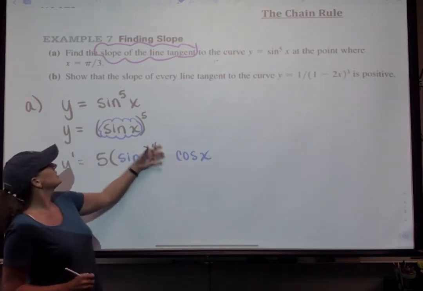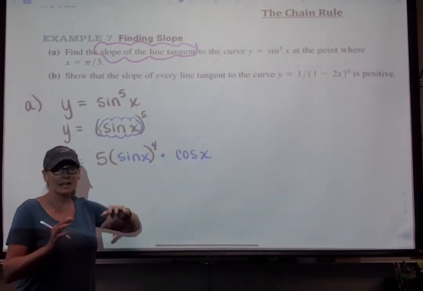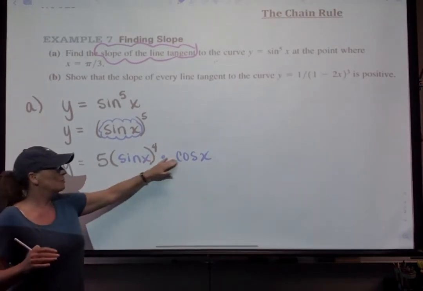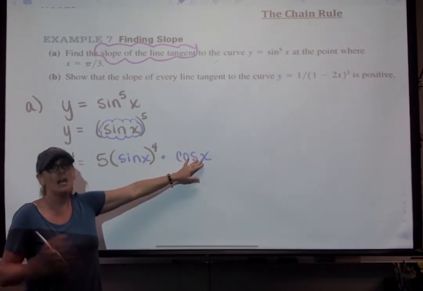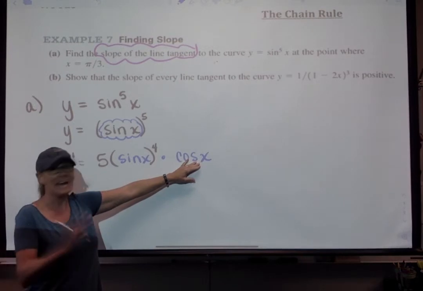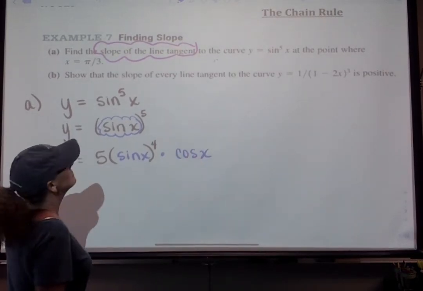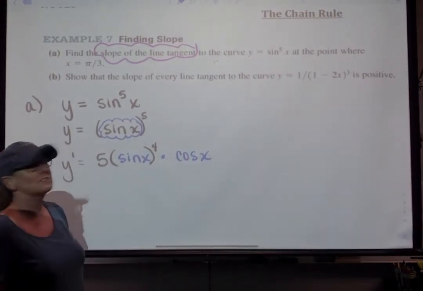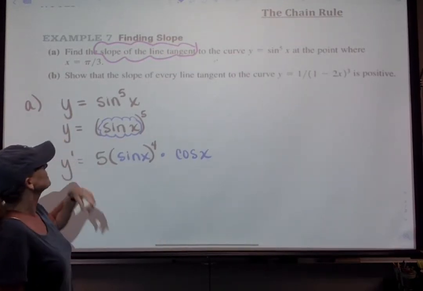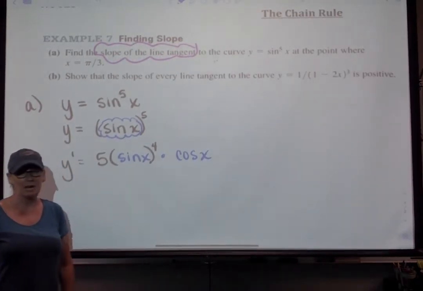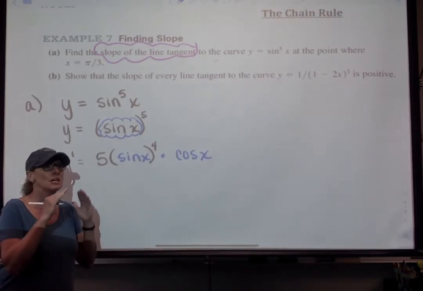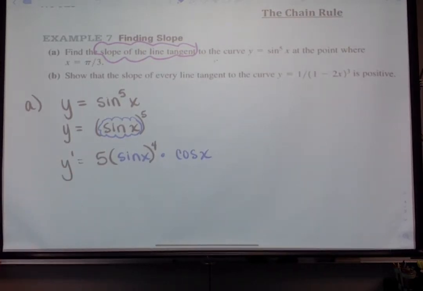This is the derivative of this function anywhere. This is the slope of the tangent line anywhere, at any x. We want to find the slope of the tangent line when x is pi over 3. Plug in pi over 3 and label that you're plugging in pi over 3.